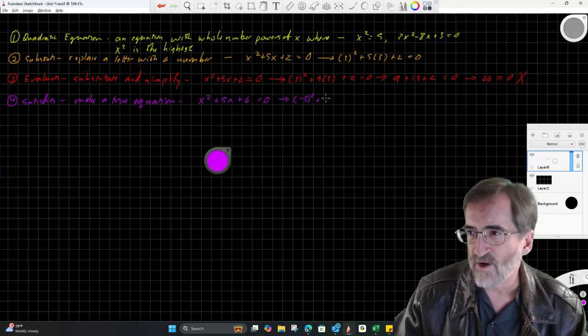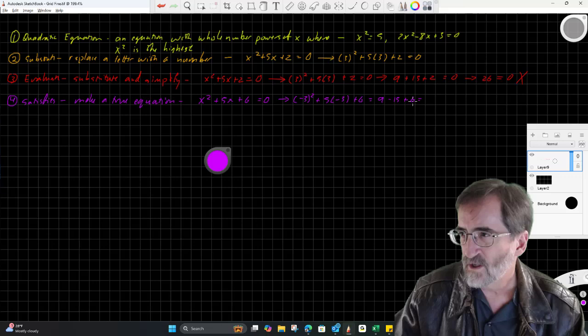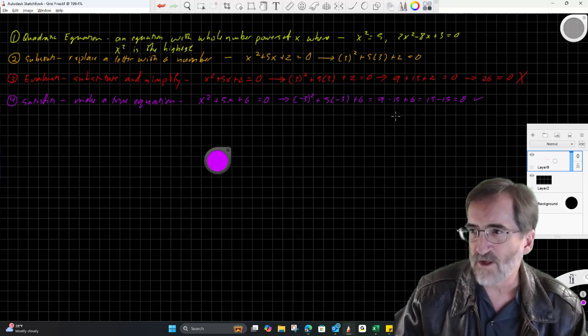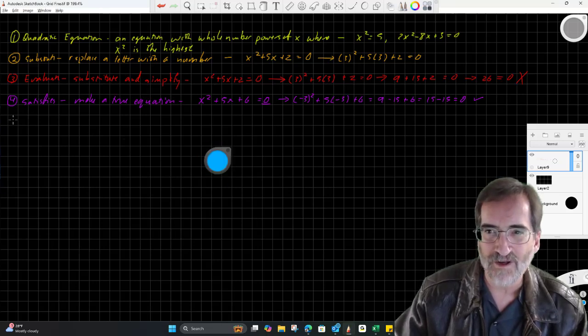Negative 3 squared plus 5 times negative 3 plus 6 equals 9 minus 15 plus 6, equals 15 minus 15 equals 0. And so it makes the equation true because it equaled 0 to begin with. Satisfies. So satisfying.